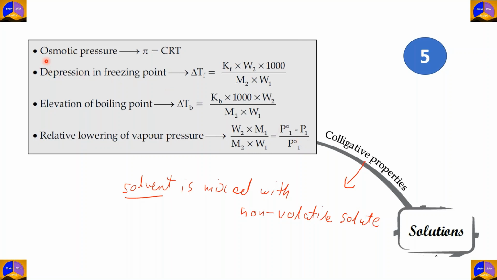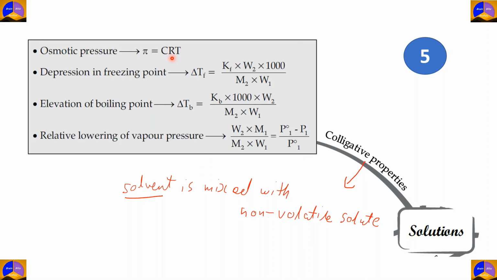The first property is osmotic pressure. Osmotic pressure is the pressure exerted on a solution to inhibit osmosis from lower concentration of solvent to higher concentration of solvent.